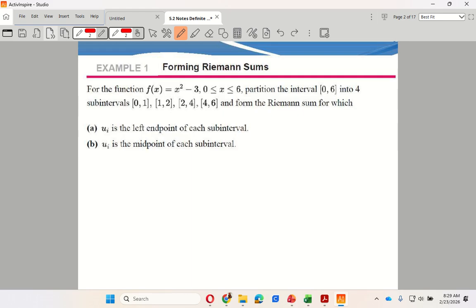So technically, when we do this, each rectangle is going to be like this, where the distance from A to B is my delta x. It's going to be whatever the width of that rectangle is. Okay? Remember, delta x refers to the change in x. So there's my delta x.